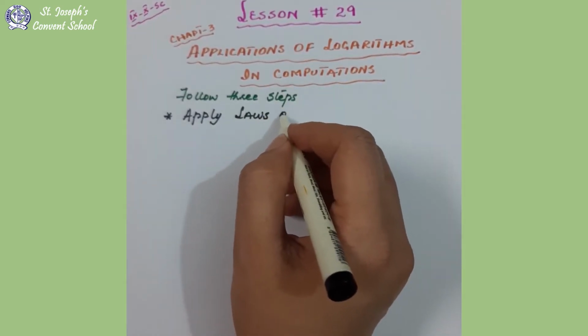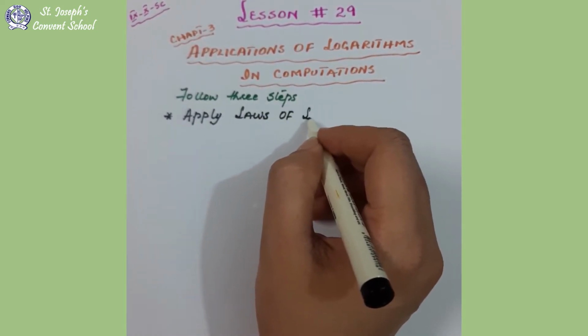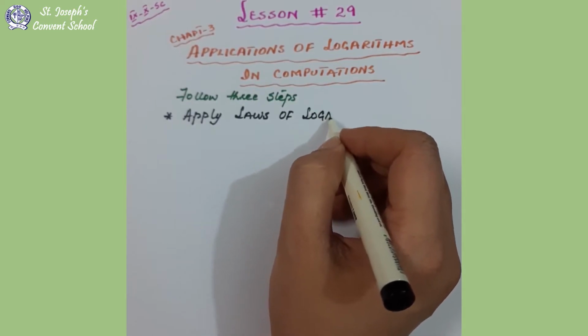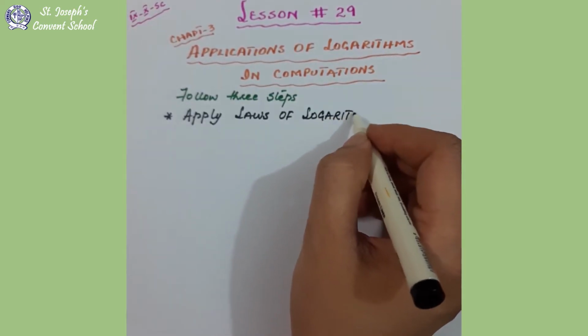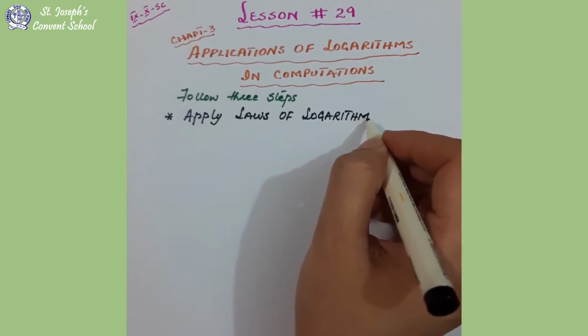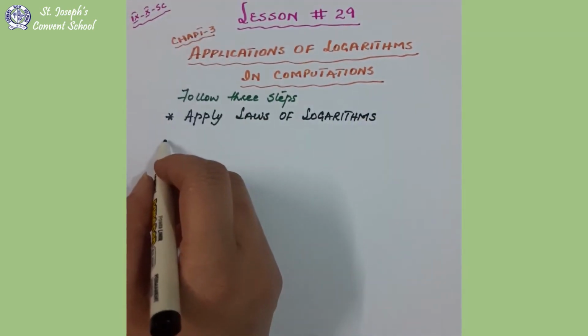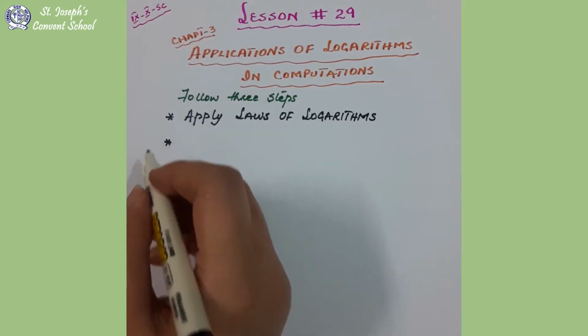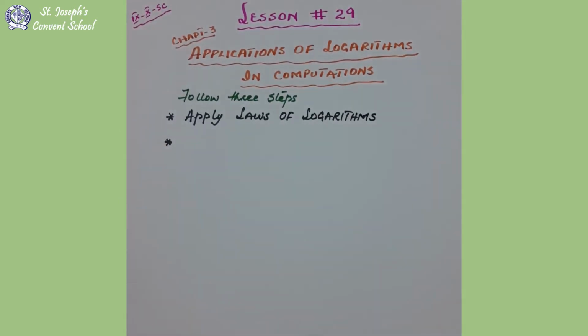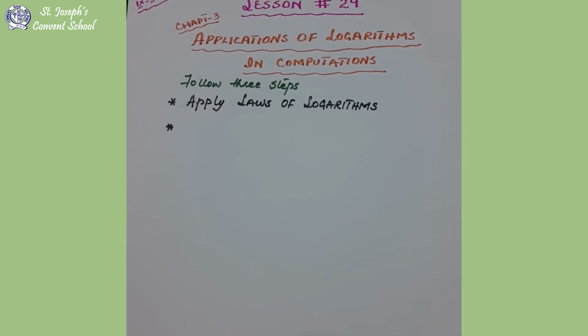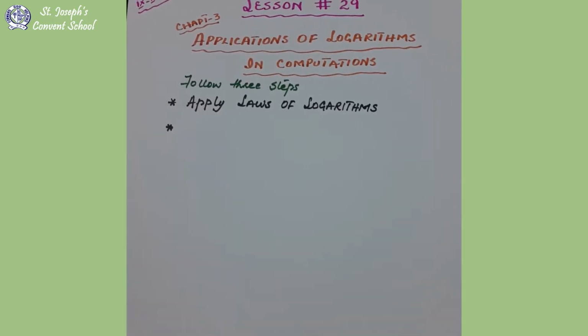We did this last time in the last lesson. In the laws of logarithms, you change the sign. Whatever the question is, you will apply the laws of logarithms and change the signs. Product will change to plus, division will change into minus, and power you will write before log.